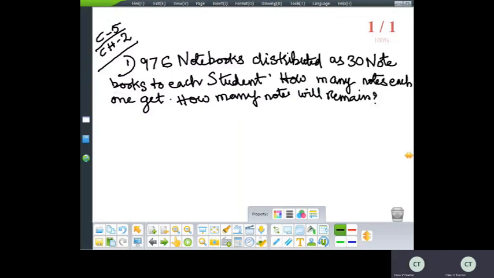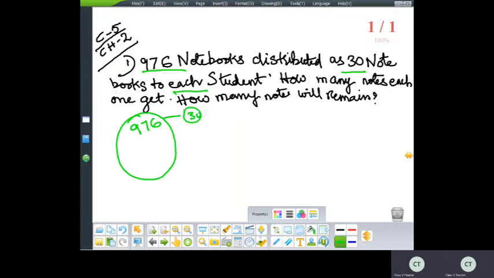Yes. So now let us see the question here. As per the question, let me explain again. So total notebooks are 976. They are distributed in groups of 30 to each student.